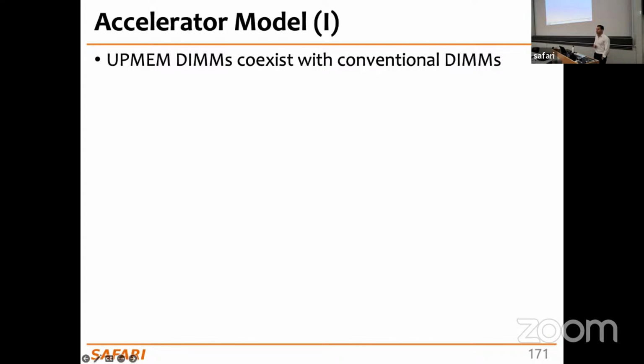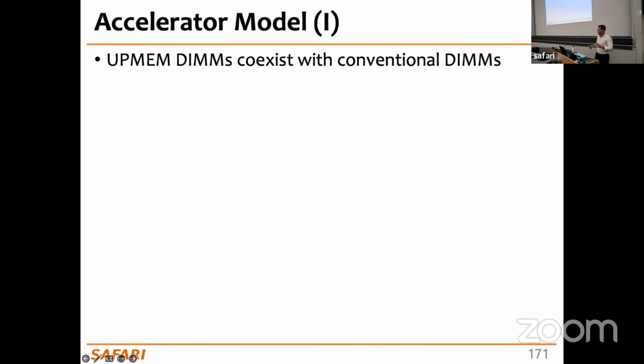Even though in theory we could use these DRAM DIMMs for your main memory, that is not going to be the case, at least for now, because it simplifies the system integration a lot if you disjoin the address space of the accelerator from the main memory of your host processor.